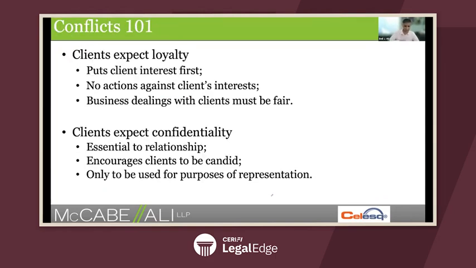So a lot of people say, oh, well, is it a conflict of interest if I represent two people in similar applications? Well, just having economic competitors is not a conflict. However, if you have two people that are filing applications in the same technology area, think about confidentiality.